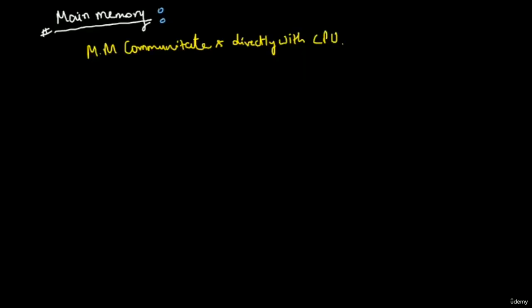Now, the second keyword that we are going to learn here is the auxiliary memory. That was not actually mentioned up in the diagram. So we have auxiliary memory. What does the auxiliary memory actually mean?